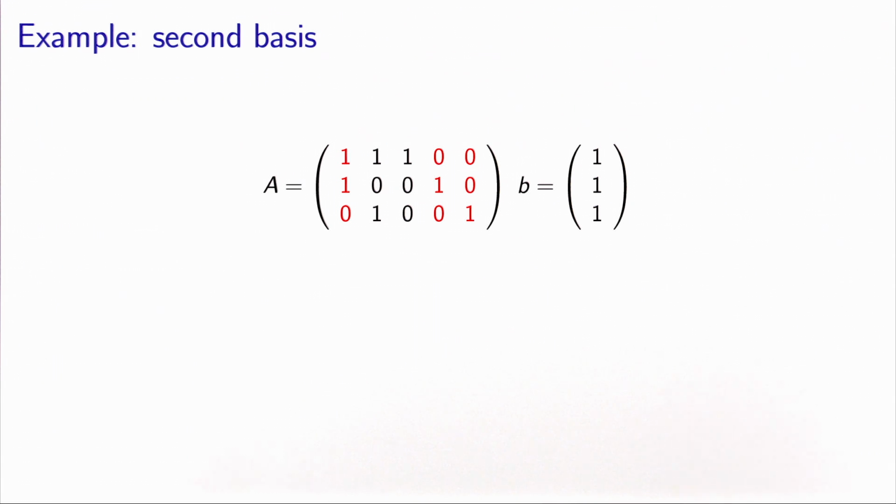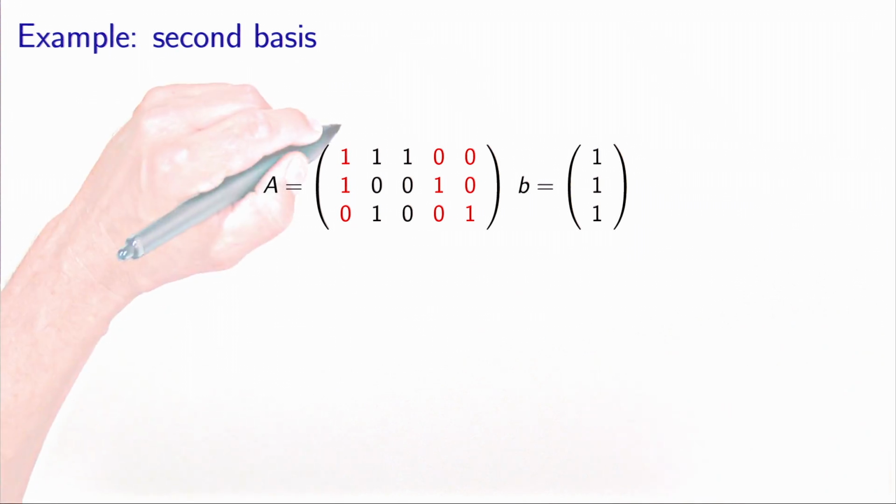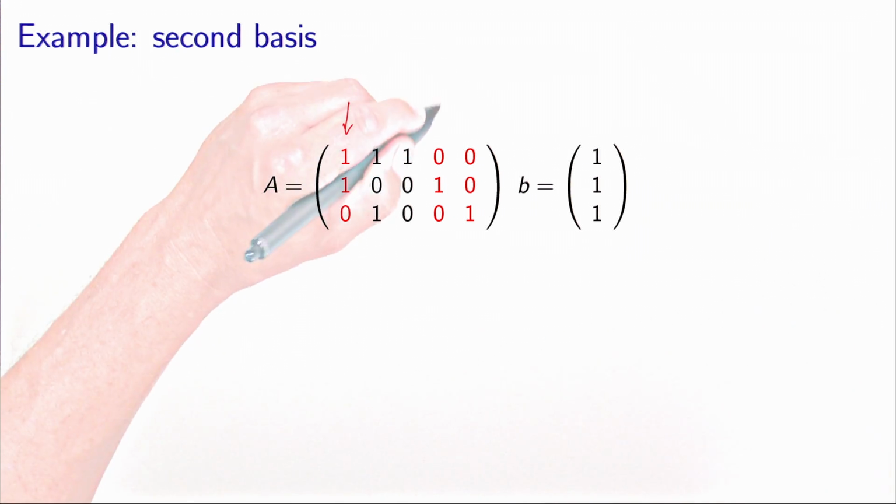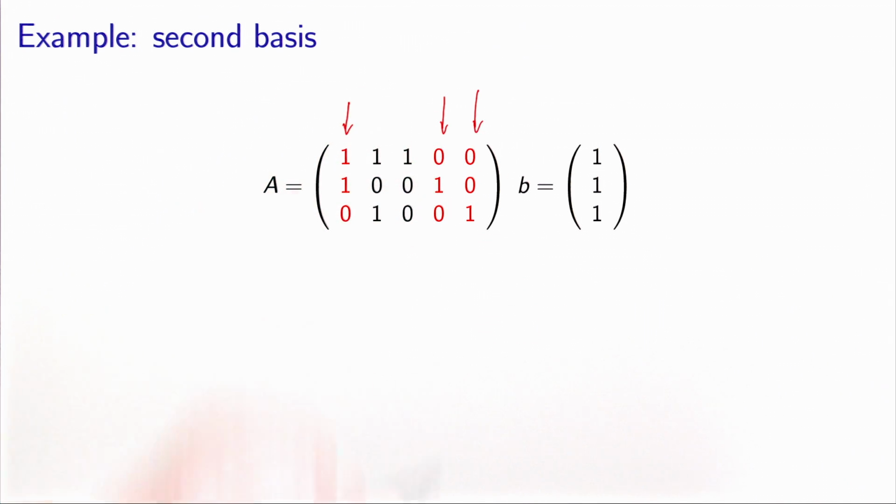Let's now calculate another basic solution. So let's select a different set of columns. We now select x1, x4, and x5 to be in the basis. So it means that the matrix B is equal to 1, 1, 0, 0, 1, 0, 0, 0, 1.